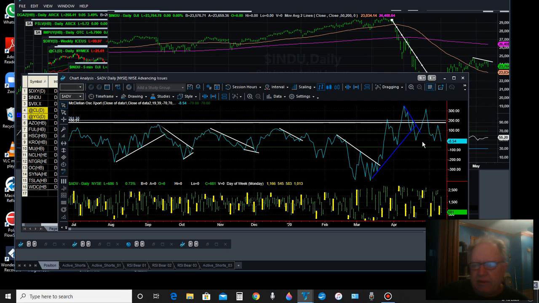It came down, and this is the zero line right here. And it bounced off of that, which it is known to do. Went back up, tested the high, came back down, bounced off again. Had a failure rally, and now it's back down to the zero line.